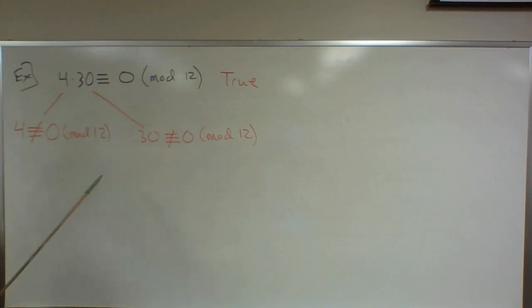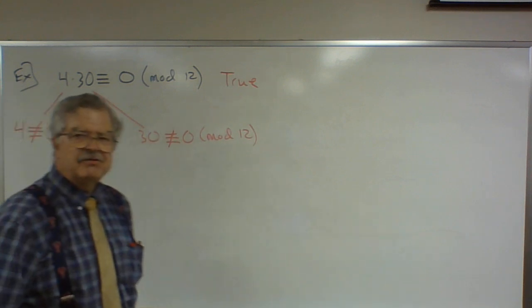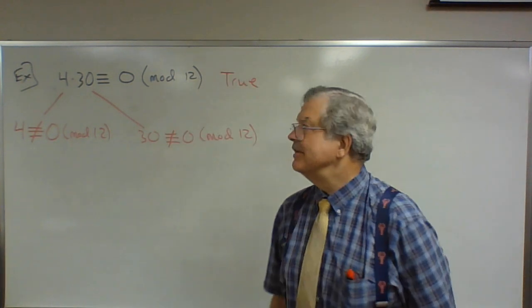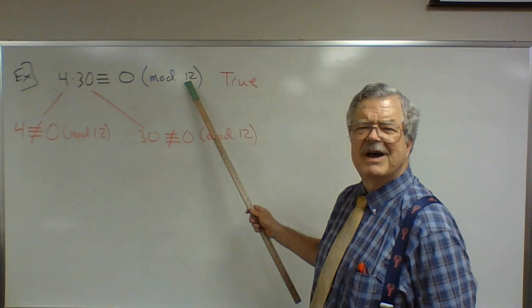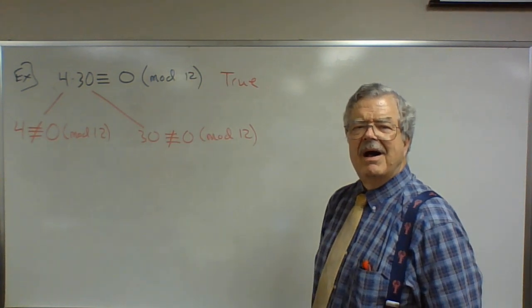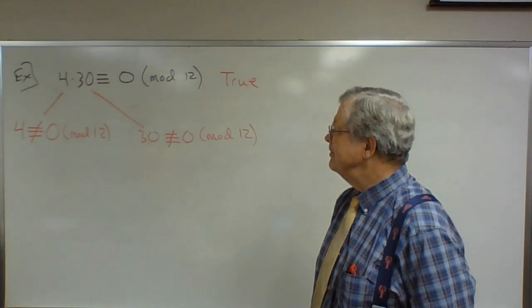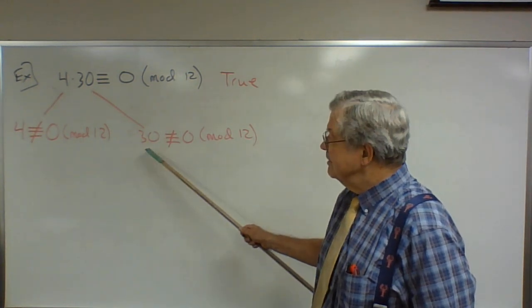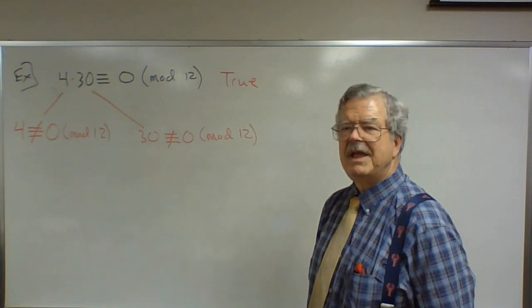And technically, we can't say that 30 is a 0 divisor, because we say that 0 divisors of 12 are those numbers between 1 and 12, not inclusive, that are not relatively prime to 12. But let's see, what does 30 contain?